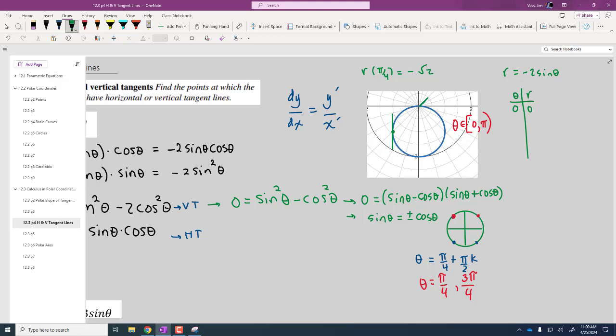So here's where we are when theta is 0. And if we plug in pi over 2, sine of pi over 2 is 1. Negative 2 times 1 is negative 2. So if we go to pi over 2, that's up here, but it's negative 2, so that's down there. So we've graphed half a circle with pi over 2.